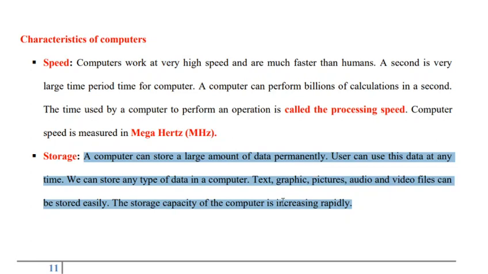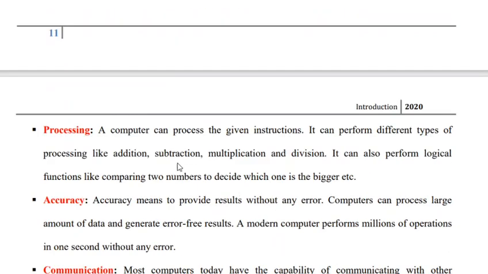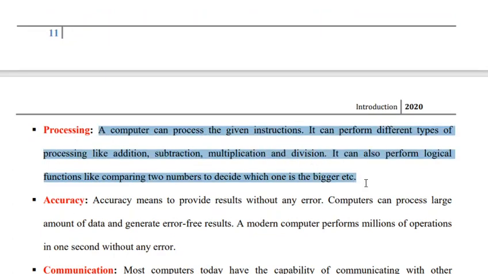So now we have computer systems with greater capacity in terms of storage. Likewise, processing. A computer can process a set of given instructions. It can perform different types of processing like addition, subtraction, multiplication, division. It can perform logical operations like AND, OR, NOT, and XOR. So it performs arithmetic and logical operations.